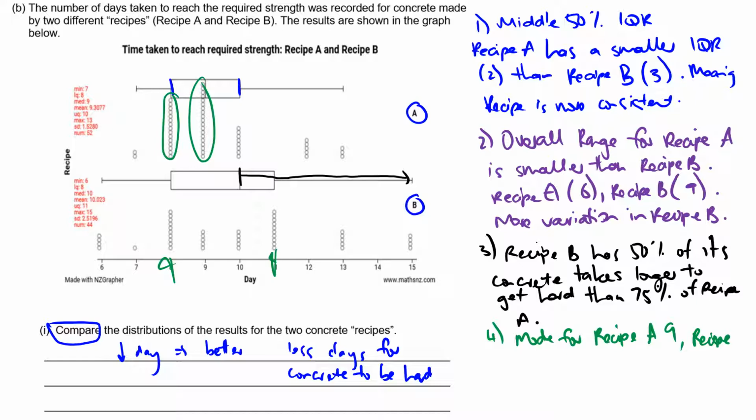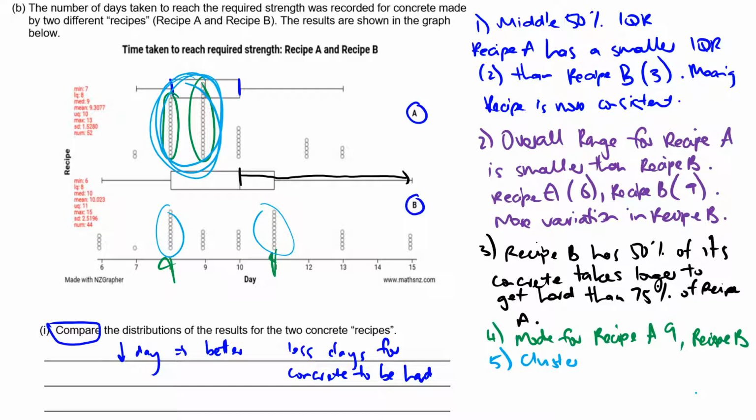So quite a big difference there. And the last thing you could potentially mention was that there are some clusters. There's a cluster here, as opposed to clusters that are more spread out. There's a cluster and a mini cluster, but most of the data is there for the other one.